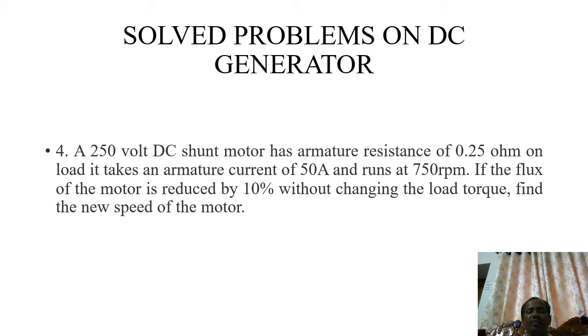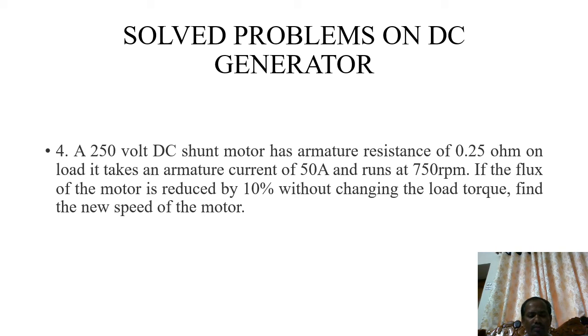Next, all of you, are you understanding all these problems? Now I am going to give another example. So all of you can note and solve this problem. A 250 volt DC shunt motor has armature resistance 0.25 ohm.